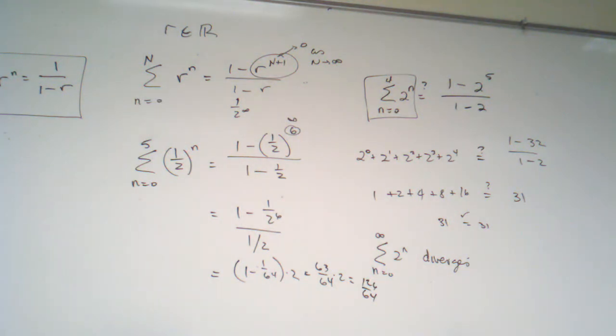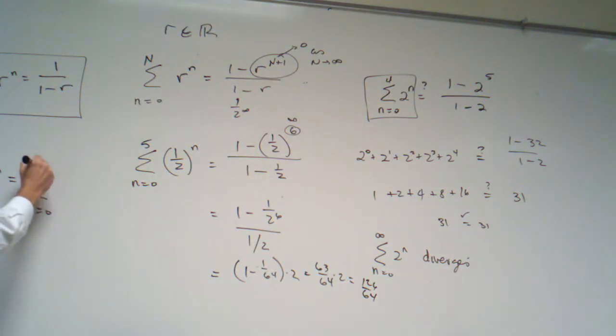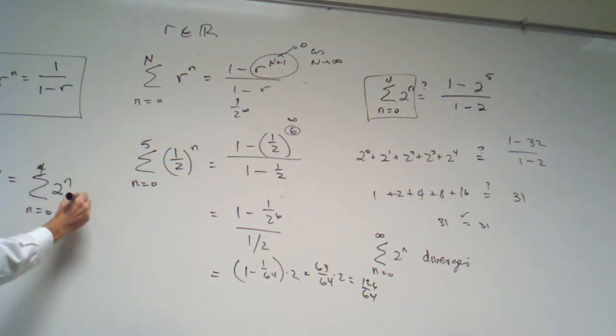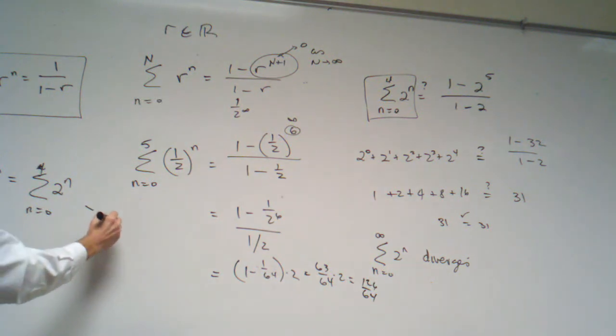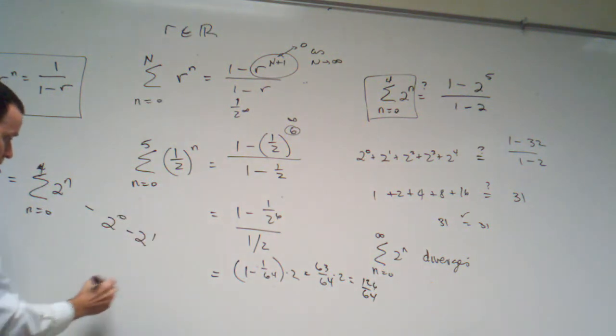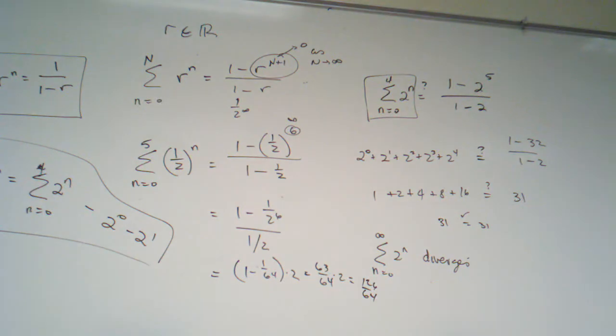Okay, that gives you two very important formulas. To try to get you success on 276, I'm going to hold you for one more minute and say something. Suppose I wanted the sum from n equals 2 to 4 of 2 to the n. Here's what I would do. I have a formula if it starts at 0, right?